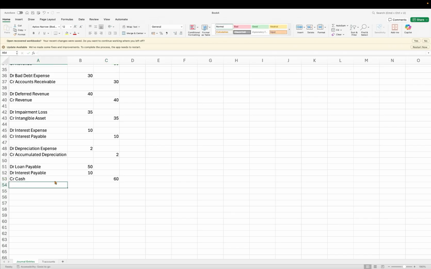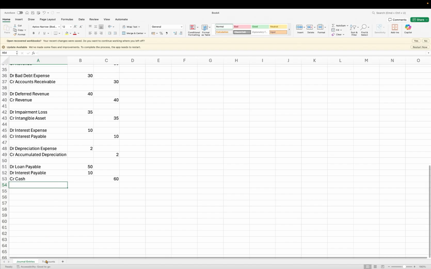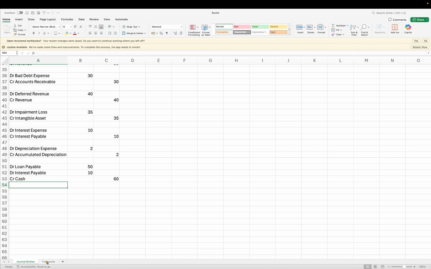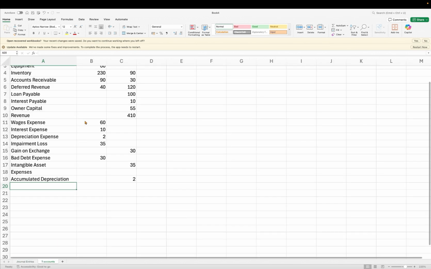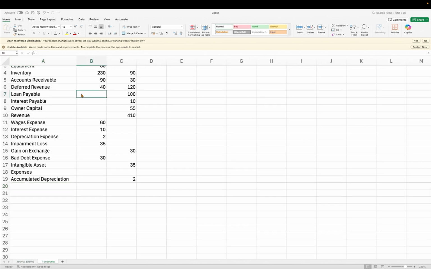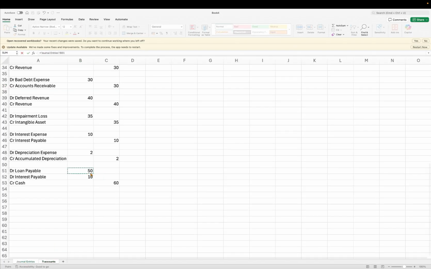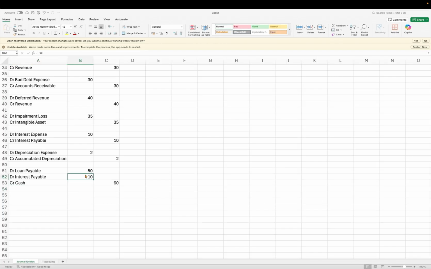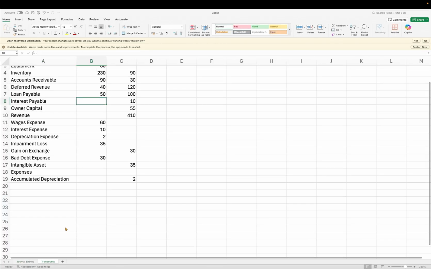And as always, we will transfer it all to our ledger T account. Loan payable, we've got it here. Also we've got interest payable, which is 10.